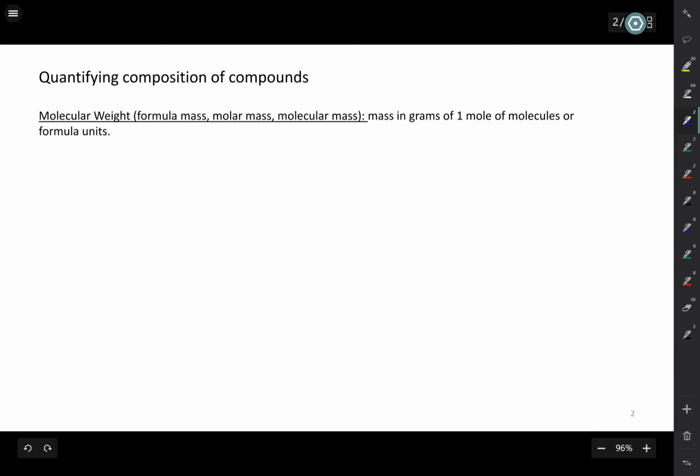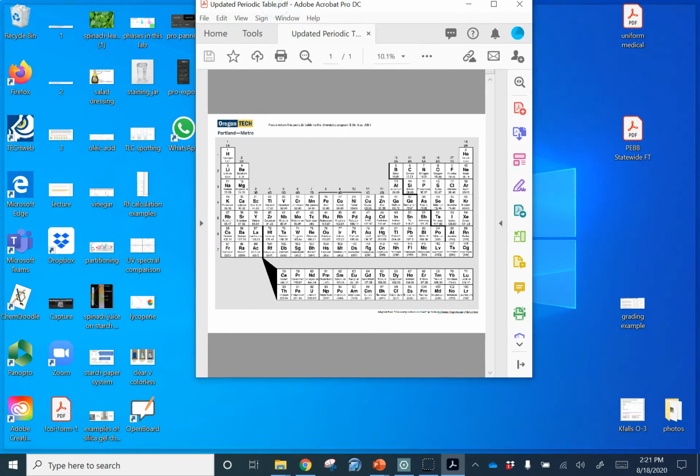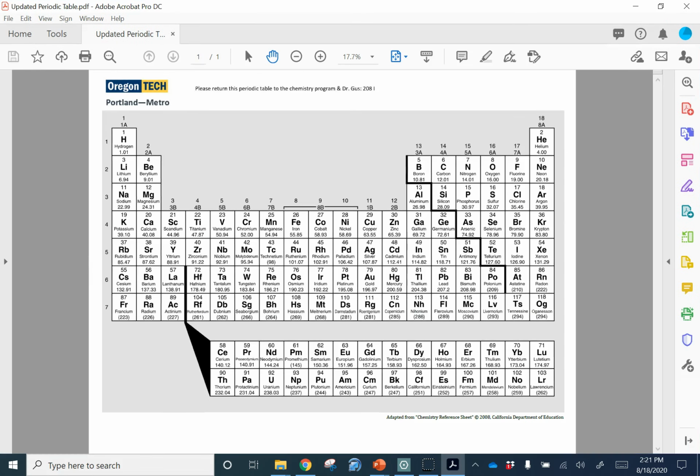So to do this, we'll start with an example. We'll use water. The molecular formula for water is H2O, as we've seen before, and we want to calculate the molecular weight of water. And if we look at the periodic table, here it is, hydrogen is 1.01 AMUs, and oxygen is 16 AMUs.